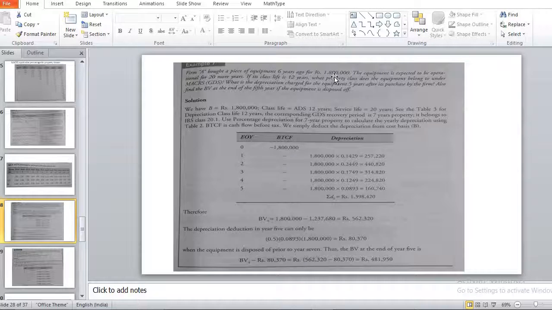Subtracted from the cost basis value of 18 lakh, whatever remains is the book value for the 4th year.